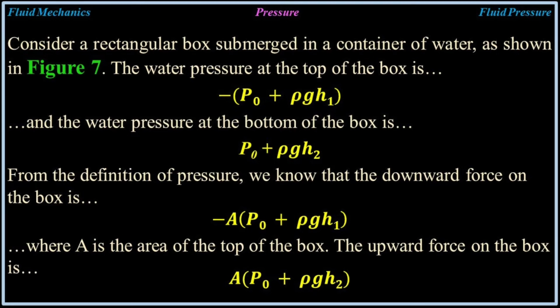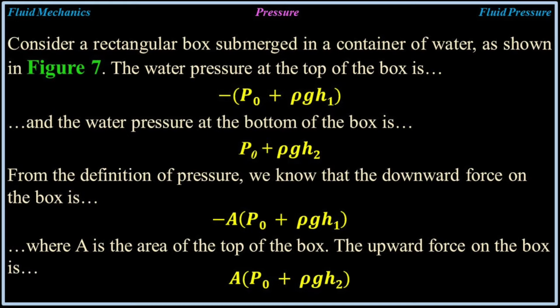Consider a rectangular box submerged in a container of water as shown in Figure 7. The water pressure at the top of the box is P naught plus rho g h1, and the water pressure at the bottom of the box is P naught plus rho g h2.